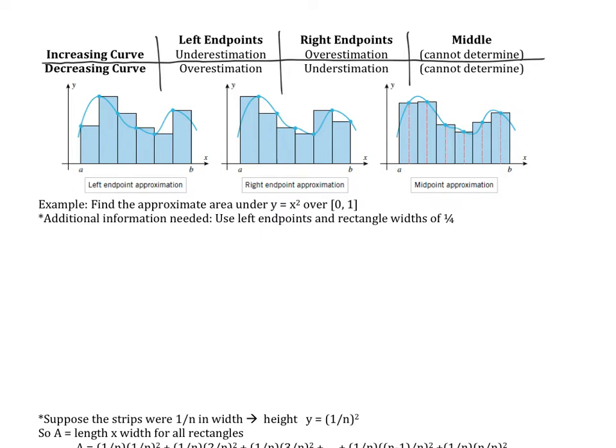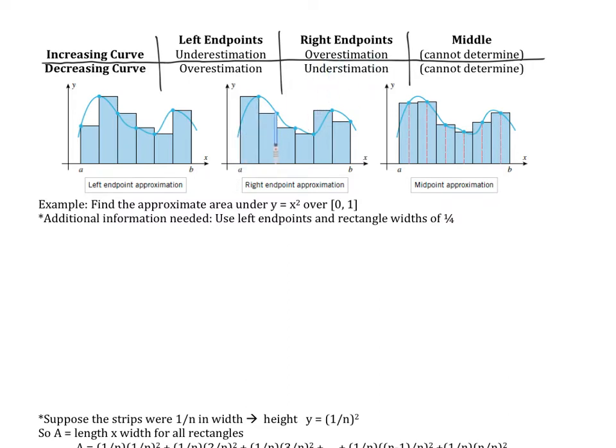If I use left endpoints and I have a decreasing curve like this right here, this curve is going down, it's decreasing this part of the curve, I will get an overestimation, so I'll have all this extra area. And it's opposite if I use right endpoints. If I use a right endpoint and make a rectangle, and the curve is increasing, I'll get an overestimate.